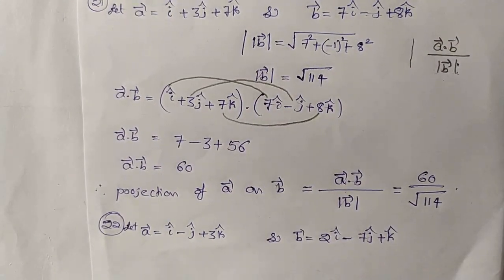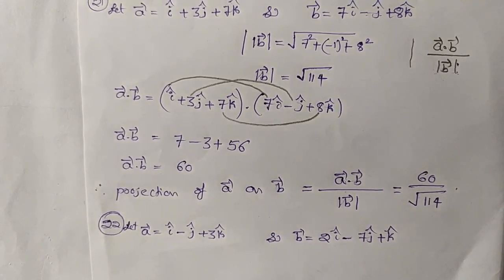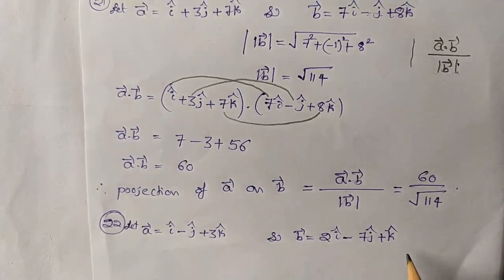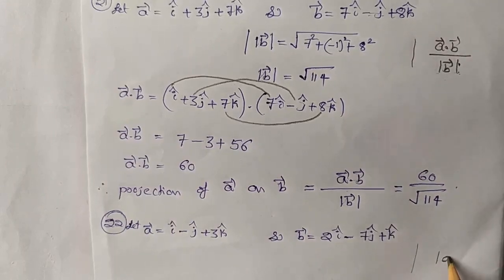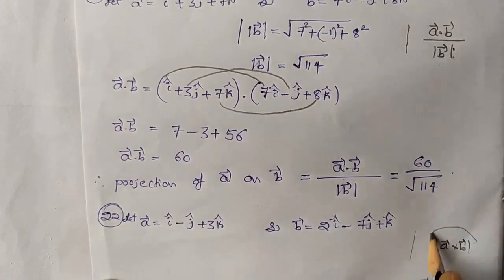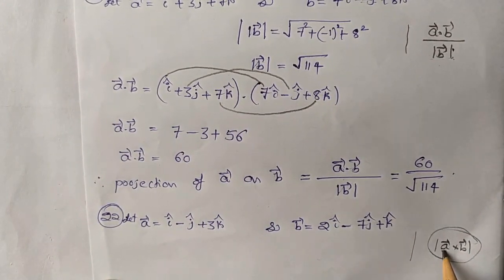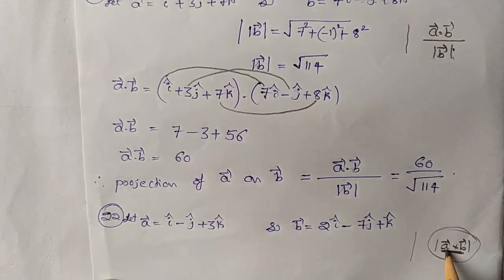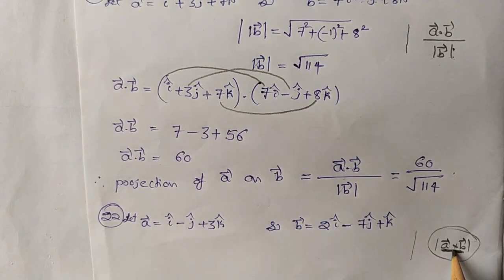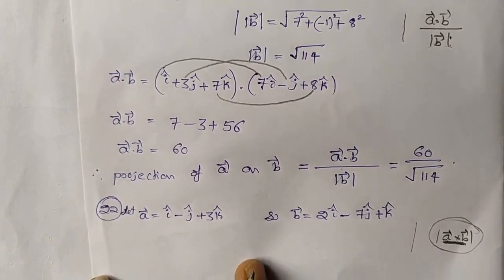So what is the area of a parallelogram whose adjacent sides are given? Remember the formula: magnitude of A cross B. It is the formula to find the area of a parallelogram when the adjacent sides are given in vector form. So first we need to find the cross product A cross B. After finding A cross B, we should find its magnitude. That magnitude will be the area of the parallelogram.